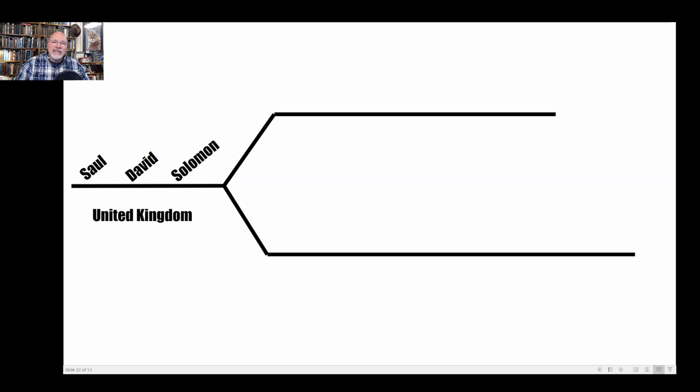tribes north. Now, God gave Jeroboam those tribes and actually made him a promise that if he was faithful to the law and obeyed God, God would give his offspring a place in the Messianic dynasty. But he didn't. He ended up putting calves in Dan, the city of Dan, and Bethel, up north, and said, "Behold, Israel, here are your gods." Now, he did that because he was afraid that the northern 10 tribes would go back to Jerusalem to worship.